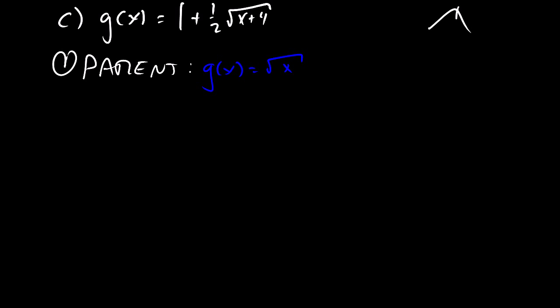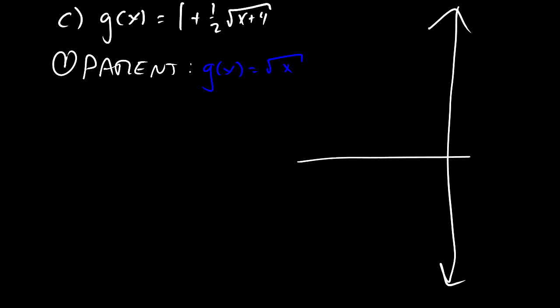And now we have to graph our parent, because that's going to tell us what our graph is going to look like. So our parent graph, the square root of x, starts at our origin and shoots off to the right. Done. Parent.